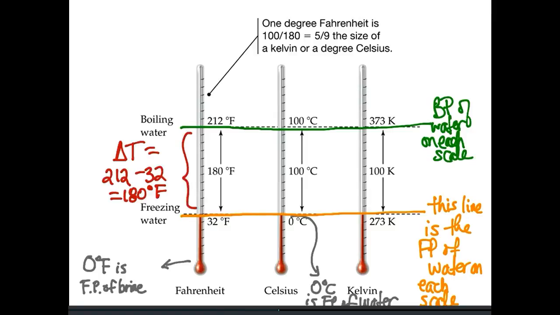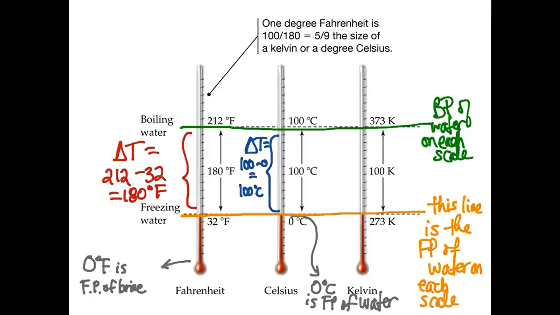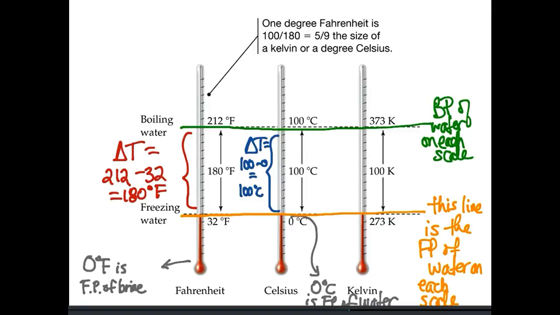Now, the difference between the boiling point and the freezing point of water on the Fahrenheit scale is 212 minus 32, which is 180 degrees Fahrenheit. And of course, the difference on the Celsius scale is just 100 degrees Celsius. That's what it's based on. It's also why it's called centigrade.